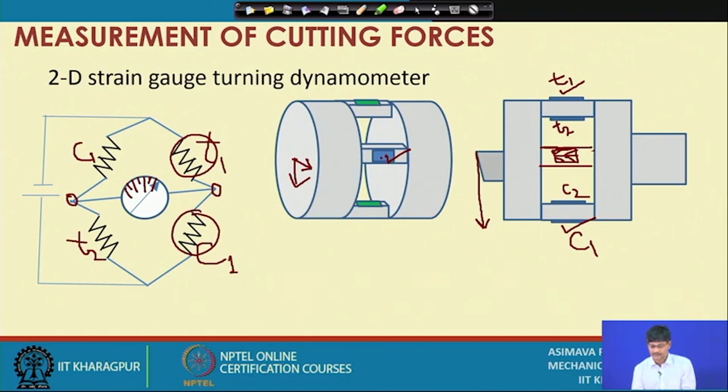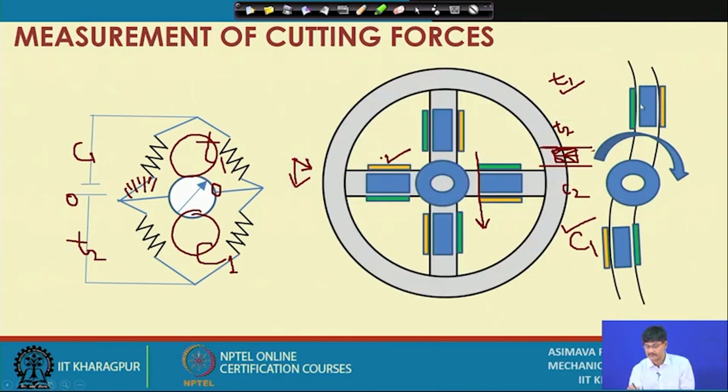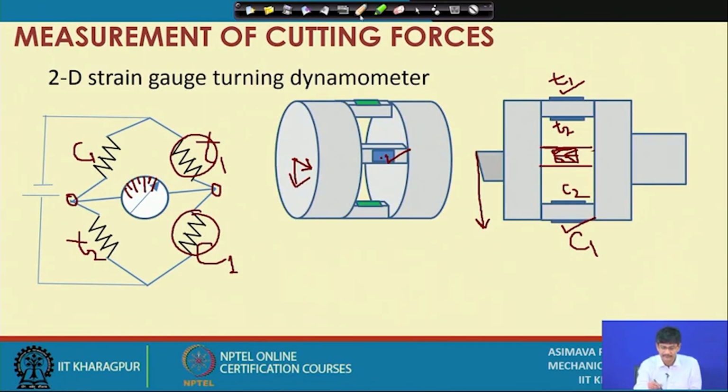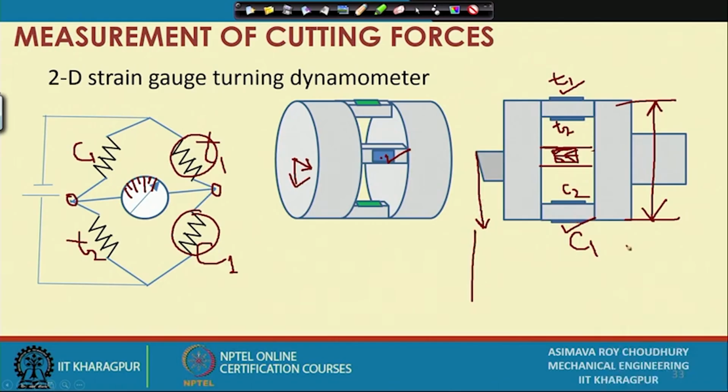And what sort of configuration should it have? If this diameter is made higher, then you are going to get more response, more strain, because they will be more and more away from the neutral axis. If this distance is made smaller, you are going to have higher rigidity, because the overhang is becoming considerably high here.